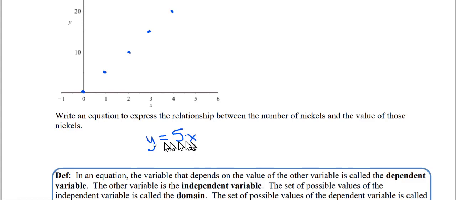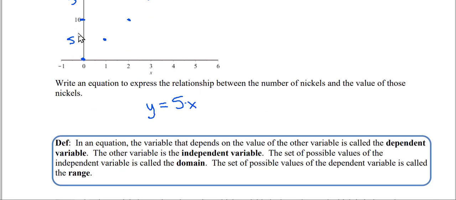If I have x equals 1, y is 5, right? This is 5 here. When x equals 2, y is that 10. When x equals 3, y is this 15, and so on. Okay? And so that's our relationship between the number of nickels and the value of those nickels.